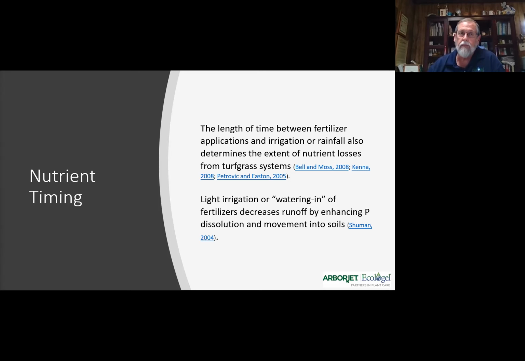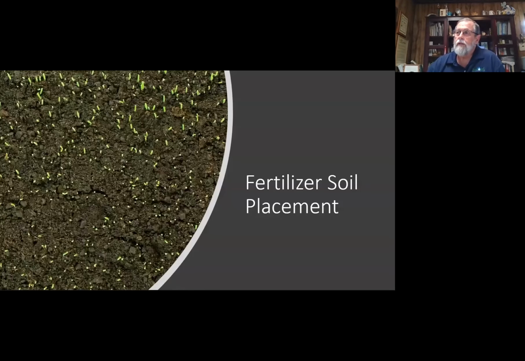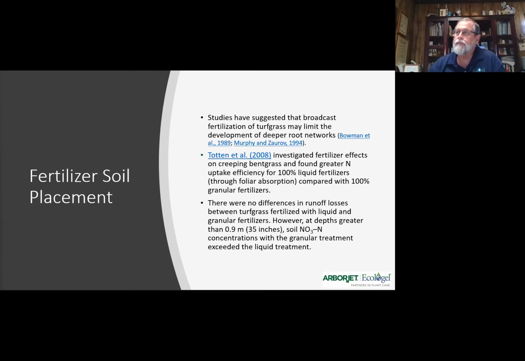So you get maximized root uptake and use. So again, this is important to maximizing your fertilizer efficiency, whether a granular is really appropriate or maybe a liquid program is better for you.